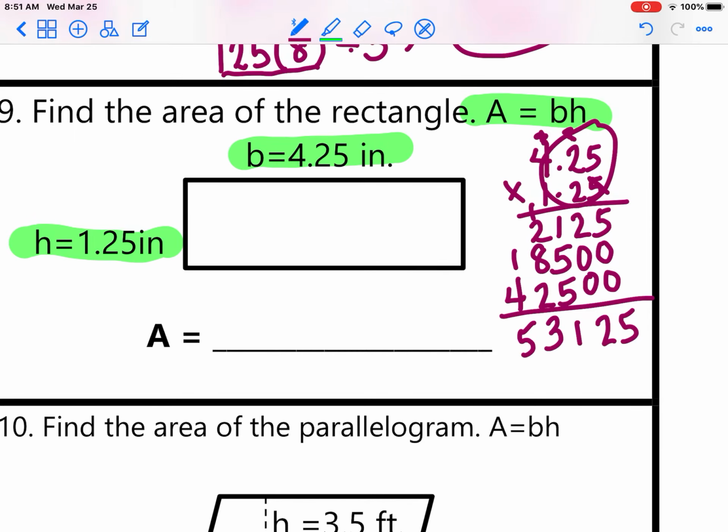There's 4 decimal places in this problem, which means I have to have 1, 2, 3, 4 decimal places in my answer. The area of this rectangle is 5 and 3,125 ten-thousandths inches. No, don't round that number. You need to know how to multiply with decimals.